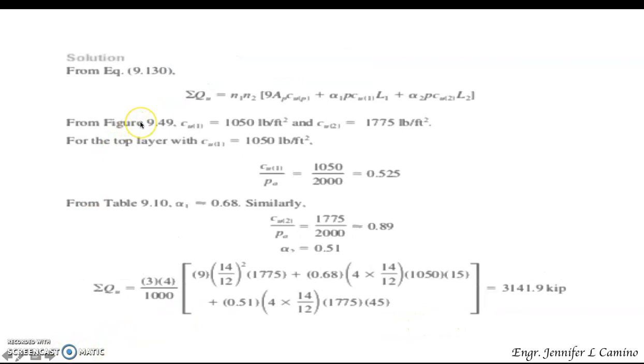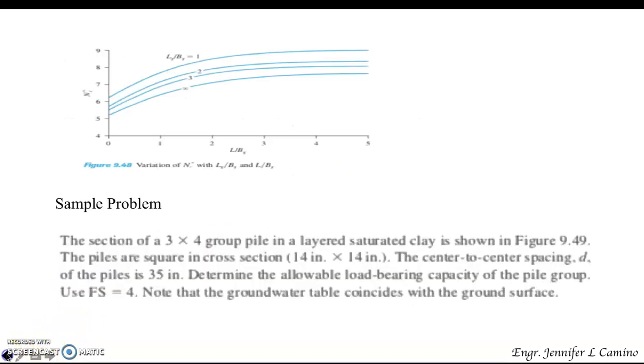So we have here the equation. Of course, our summation of Q sub U equal to this formula. So we have to obtain our C sub U, which from figure 9.49 is 1,010 pounds per square foot, and our other C sub U is equal to 1,775 pounds per square foot.